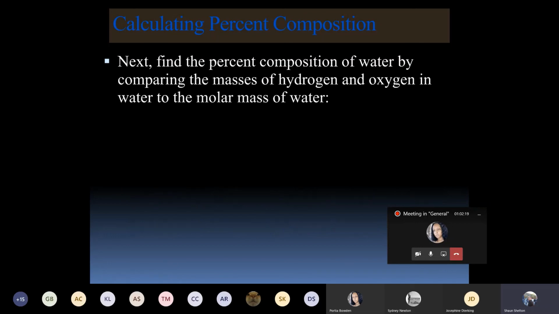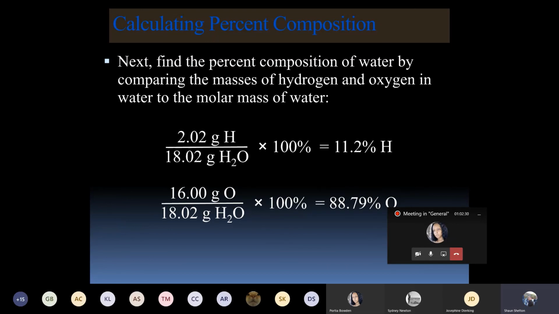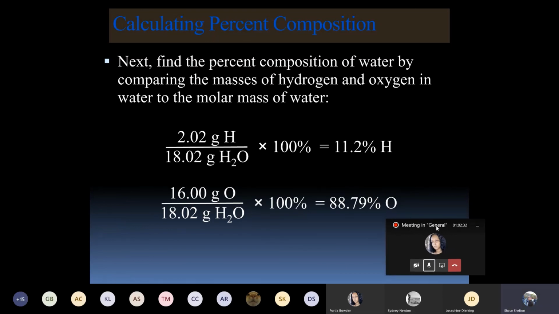Now, to figure out the percent mass, you take the 2.02 grams of hydrogen divided by 18 times 100. That's how you get the 11%. And you do the same thing for oxygen. So you have 11% hydrogen and 89% oxygen. I'm just rounding up and down here. But if you were to add these two together, hold on, go back here. If you add these two together, that will add up to 100%.